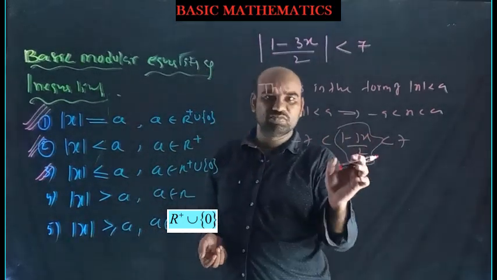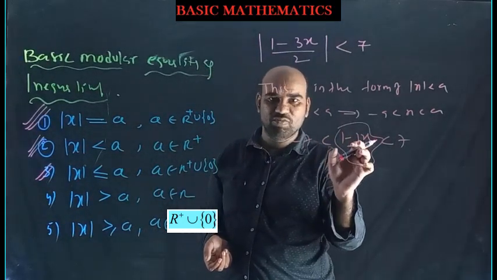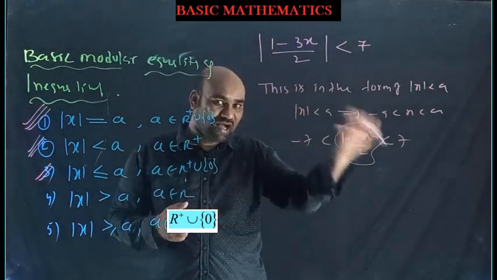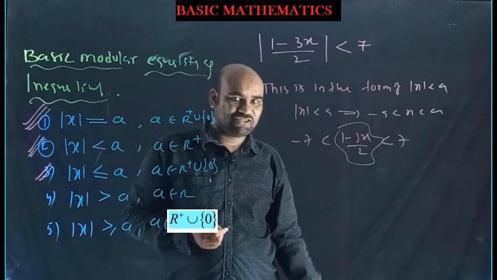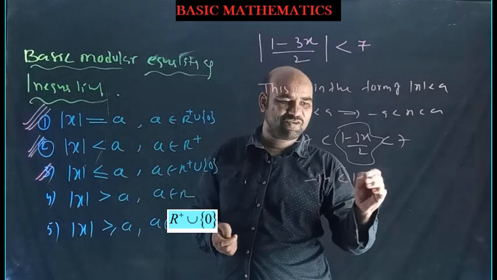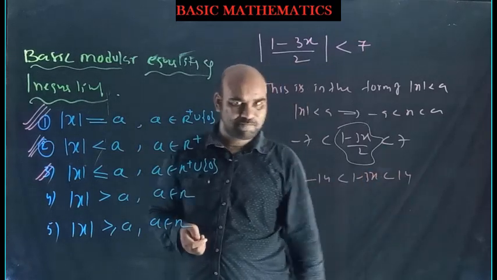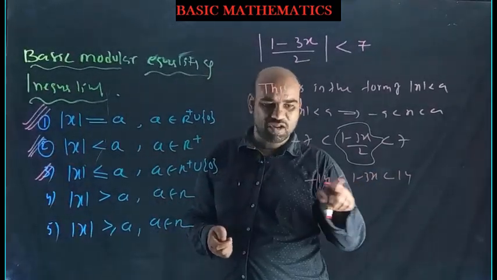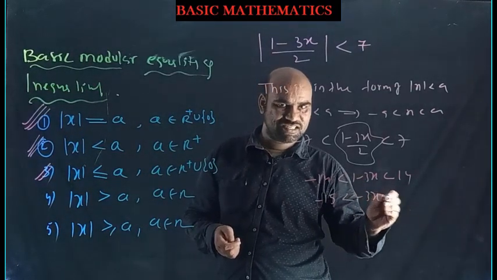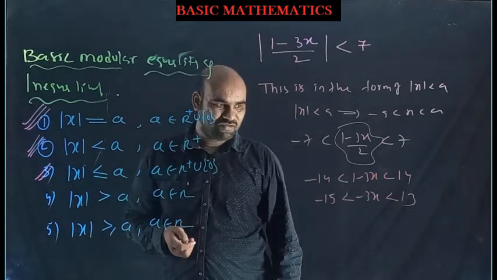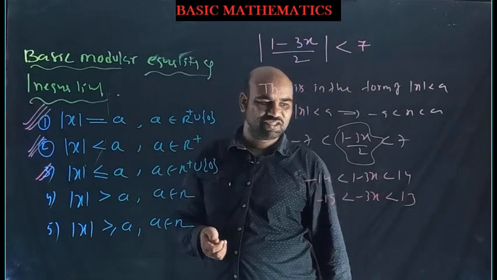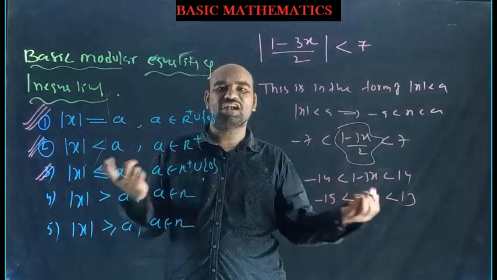One by one you want to remove. Directly you can't remove 1, directly you can't remove 3. First of all you can remove 2, multiplying 2 on all the sides. Nothing happens to the inequality, 2 is a positive number. Minus 14 less than 1 minus 3x less than 14. 1 I will remove by subtracting. So minus 15 less than minus 3x less than 13. I want x, I don't want minus x. Minus 3x, dividing through by minus 3, the inequality will alter.